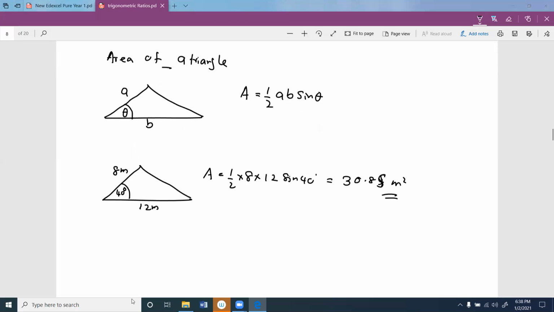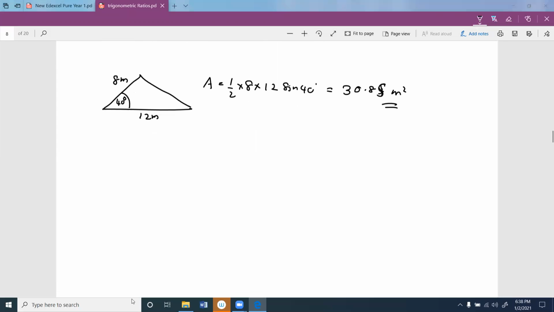But if it is a situation like this, suppose the angle over here is 85 or something, and this side is 12 meters and this is 6 meters. For this case, if you want to find the area, you cannot obtain the value directly, because to use these two sides you need this angle.